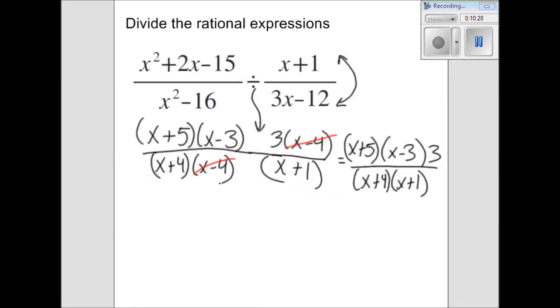I want to go ahead and multiply all that out. So I have x squared plus 2x minus 15, all times 3.